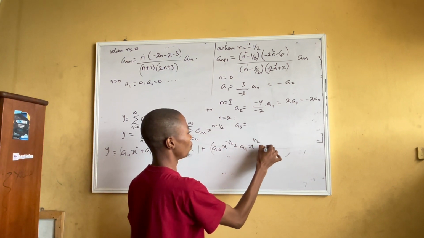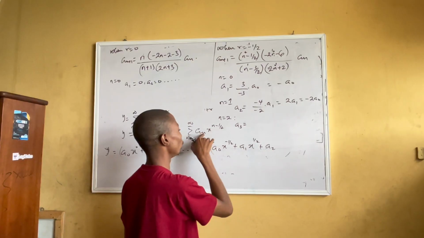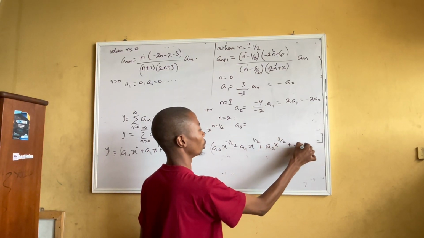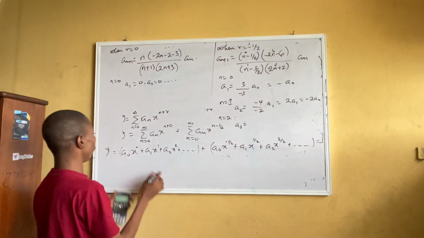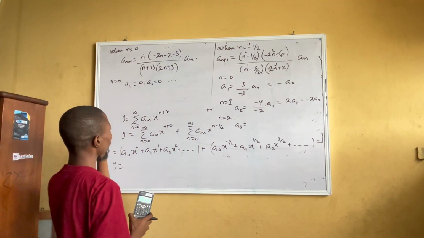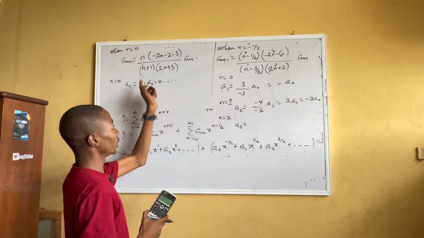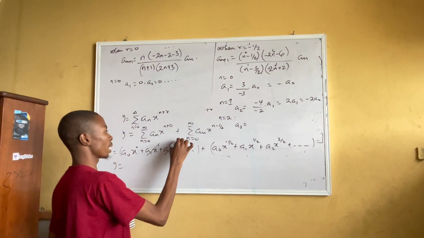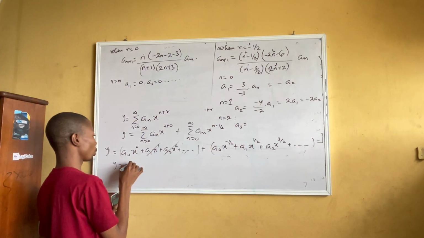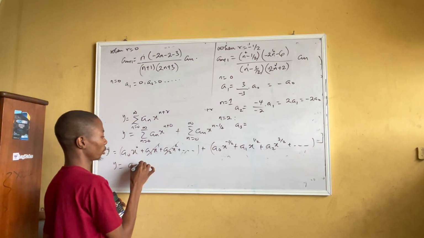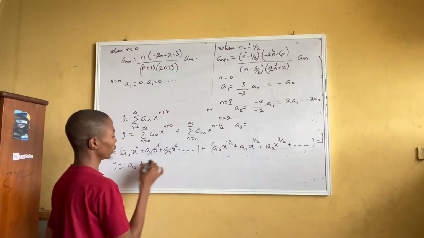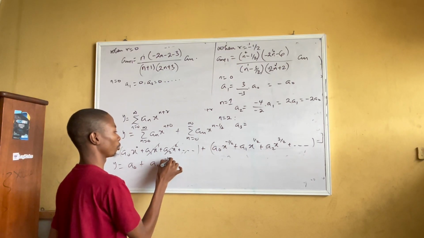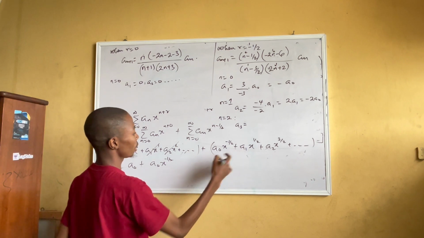If you put 2 here, 2 minus half, that's 3 over 2, x to the 3 over 2, plus dot dot dot in that order. For the first part now, all our a1, a2, a3, a4 are 0 except a0. A0 is constant. So this guy is 0, everything here is 0. So y equals a0, and x raised to 0 is 1. Then you leave this one. Now write this: a0 is a0, a1 is minus a0.